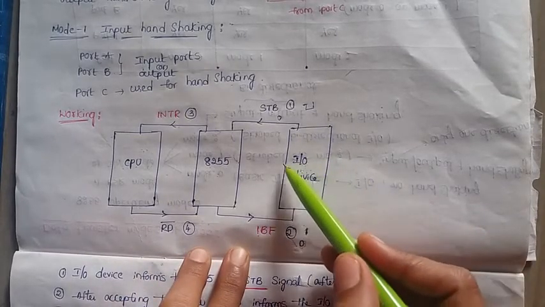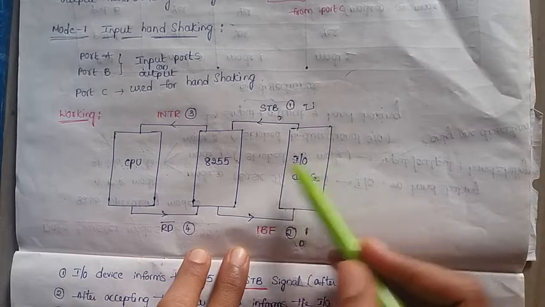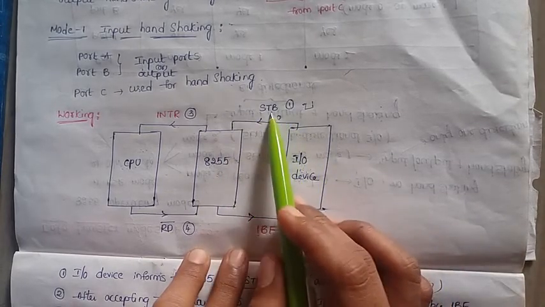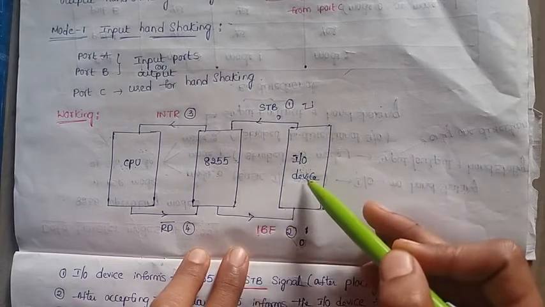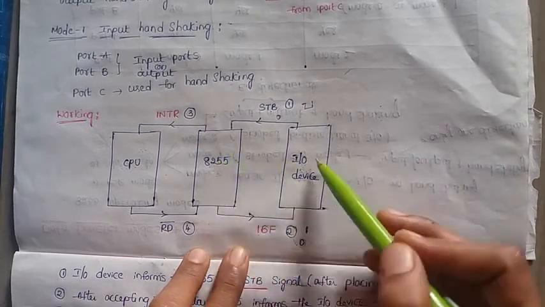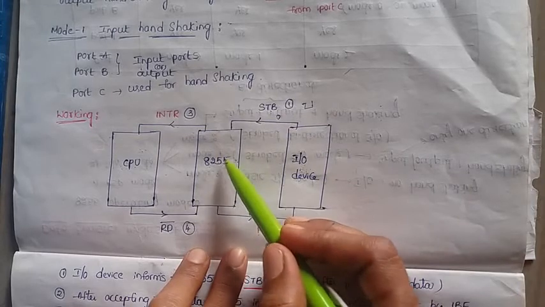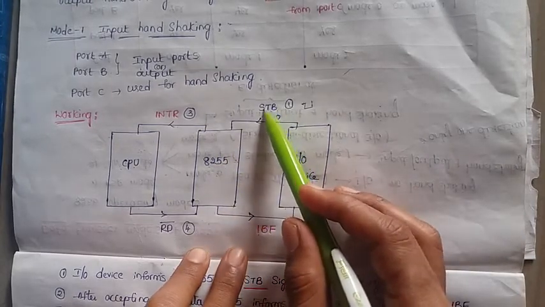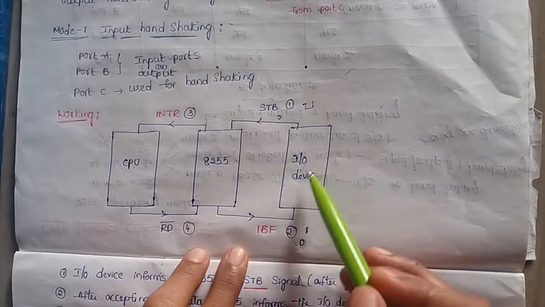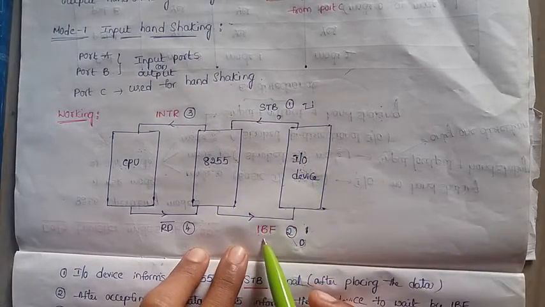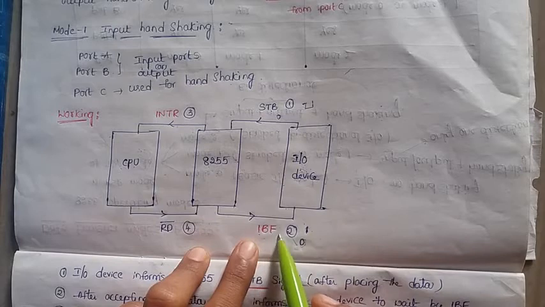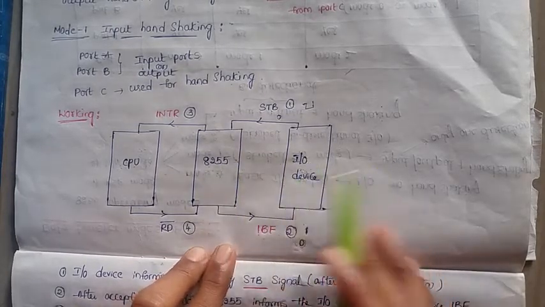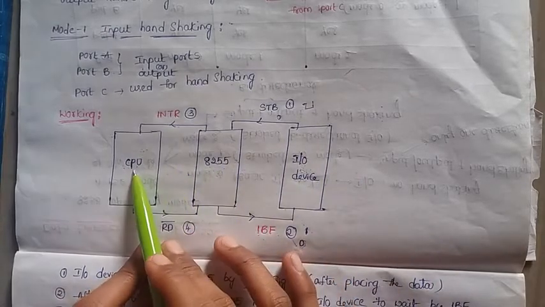After placing the data on the port, IO device informs the 8255 by sending the strobe signal low. That means IO device informs the 8255 that I am sending the data. Whenever it receives the strobe signal, it informs the IO device to wait by sending the IBF signal high, input buffer full. That means 8255 informs the IO device wait, I am sending the data to the CPU.